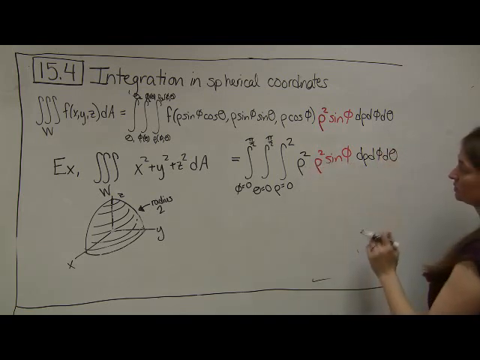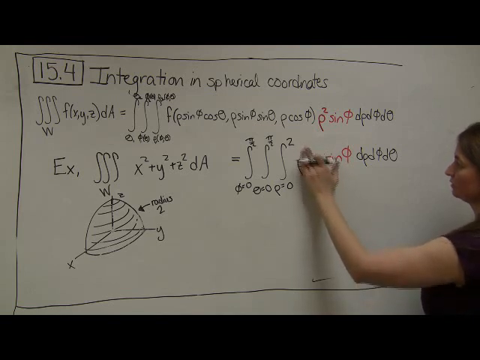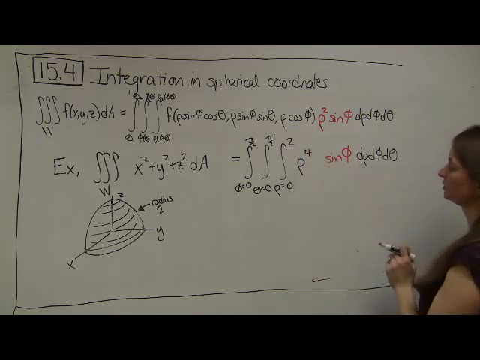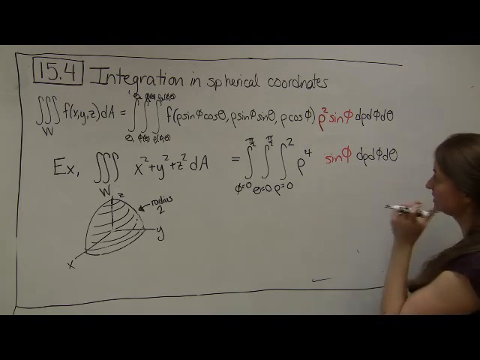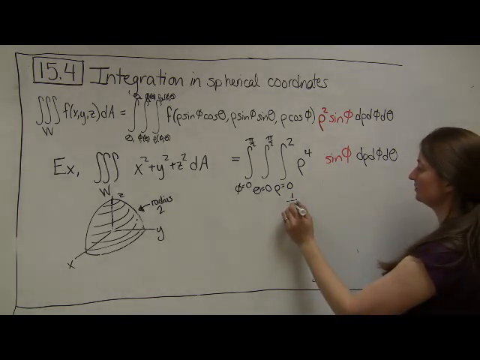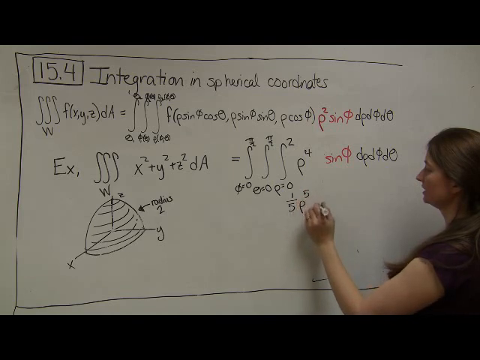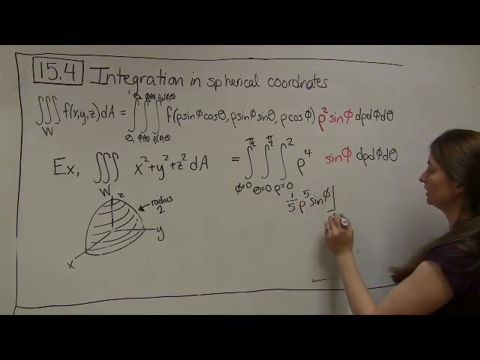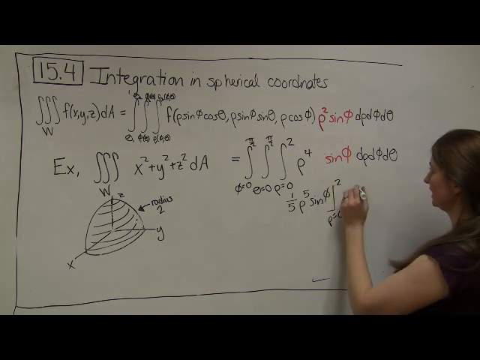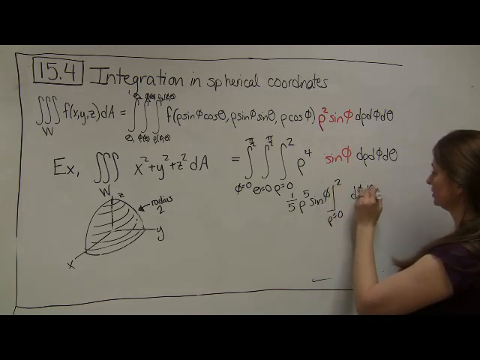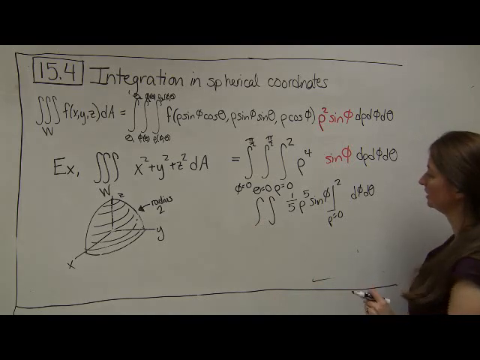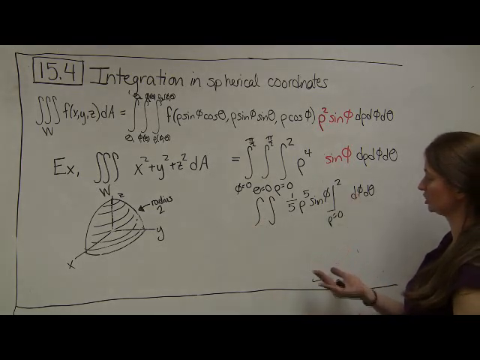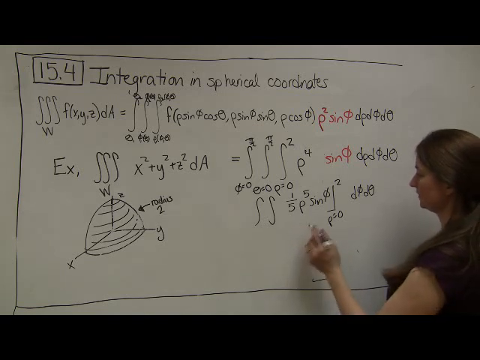So rho squared times rho squared just ends up being rho to the 4th. And when I integrate that with respect to rho, I'm treating sine of phi as a constant. And I end up with 1/5 rho to the 5th sine of phi, evaluated from rho equals 0 to 2. Of course, I have these outer integrals that get carried along. 2 to the 5th is 2, 4, 8, 16, 32 fifths.